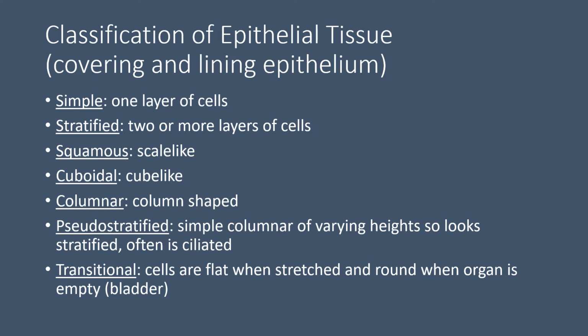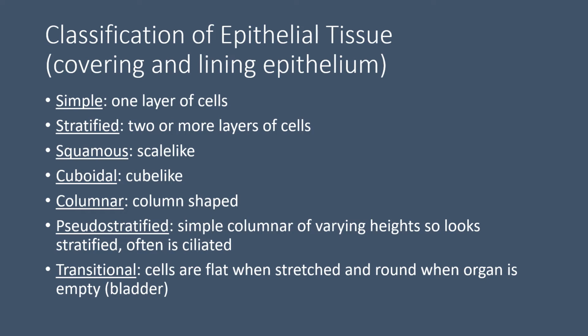If it's more than one layer, so it's multi-layered, it's called stratified. Then we look at what the cells look like. If they are cube-shaped, we call them cuboidal. If they're rectangular shaped, we call them columnar because they look like columns. And if they're flattened and look like scales, they're called squamous.